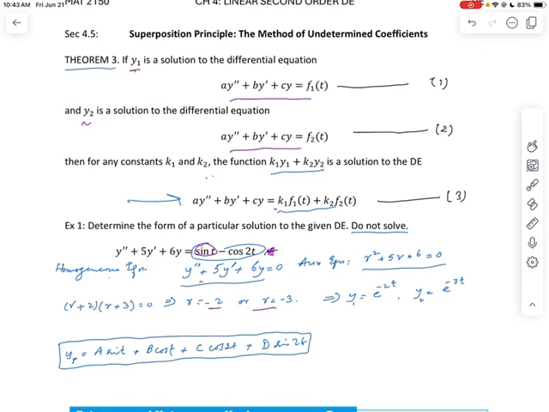But then we also have to know for the general solution, it will be yh plus yp. So what is yh?